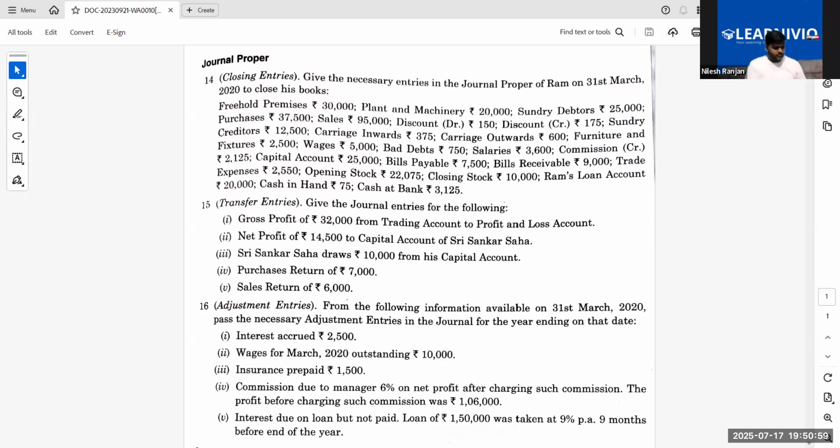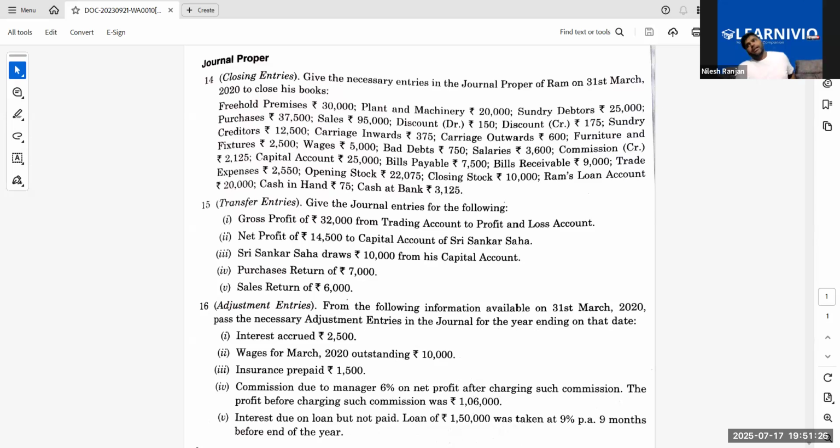Can you do theory-based chapters? We have done the starting theory base of accounting. There are other ones too. Revenue and capital expenditure, provision and reserve type. I'm not sure because I'm on vacation now, so I don't know what's the next chapter.